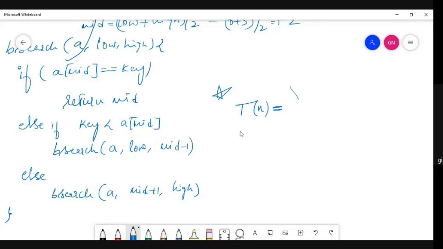Observe, whenever I have n equal to 1, I search for one thing, that is 1 unit of time, that is 1.